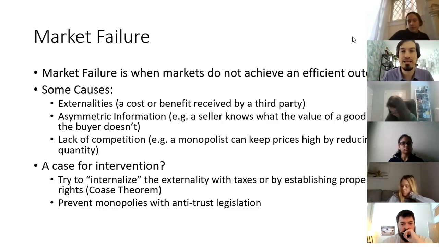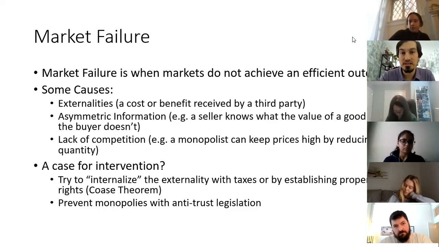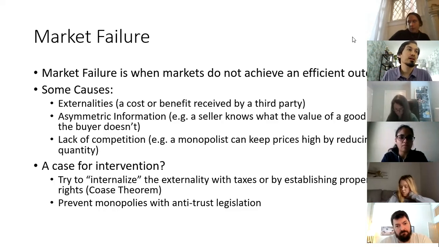As long as they're well established, then the two parties can negotiate right up to the point where it's in exactly both of their interests. He might actually say, okay, I'll give you $5 per hour of me making this noise. And you'll say, is that really worth it? Okay. And you get to this level where you both agree it's worth it for you to let him make this noise for $5 per hour. And it's worth it for him because he makes more money by doing that. And that's basically the idea.